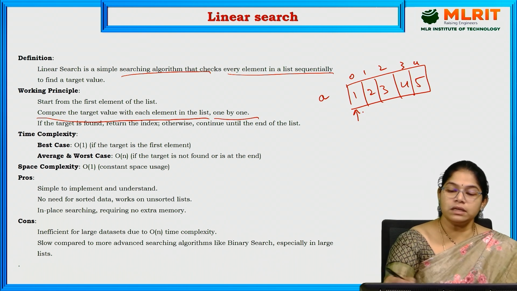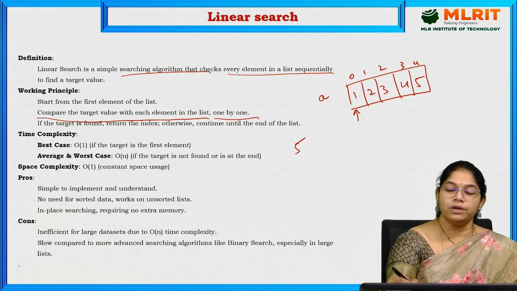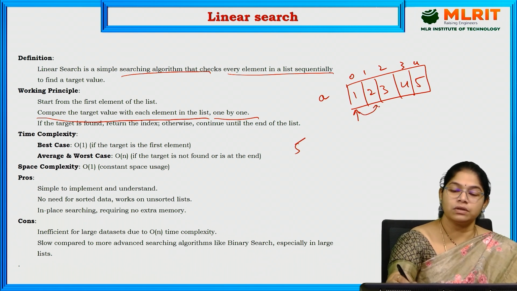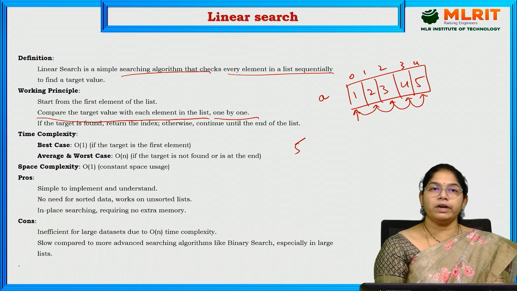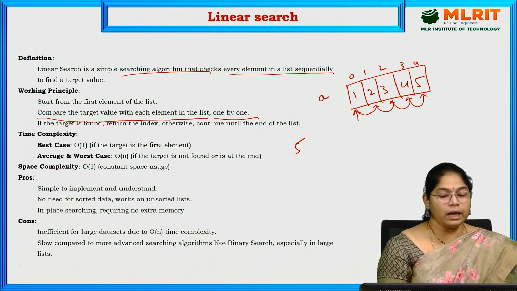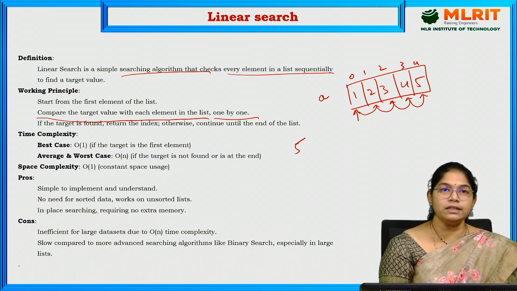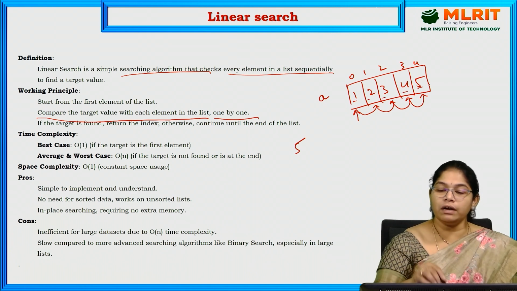So let us suppose I want to search whether 5 is present in the array or not. It will search sequentially, that is one by one, till we find the target value. And one more thing is, it can be applied on both sorted and unsorted lists. Here I consider all the elements of the array to be sorted.